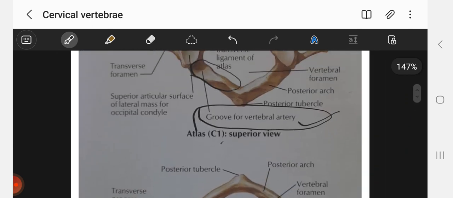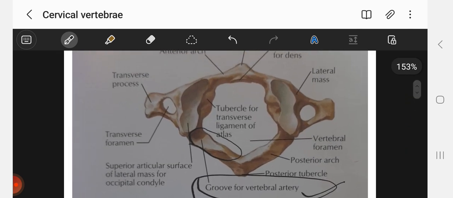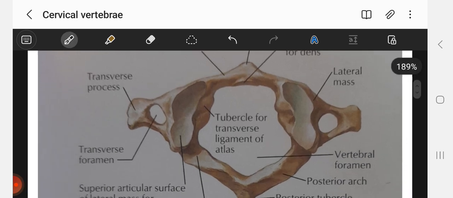If you look at this image, I take this part as the anterior arch and this part as the posterior arch, and this is the meeting point of the anterior and posterior arch. This part is called the lateral mass.